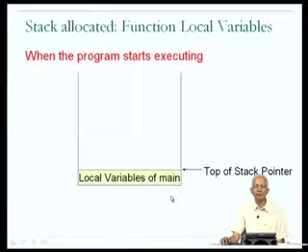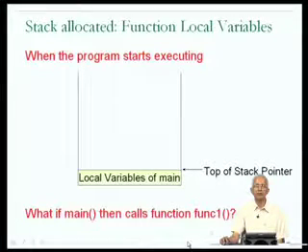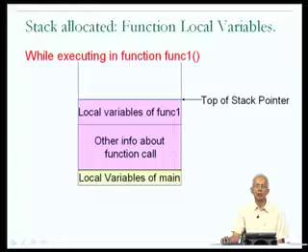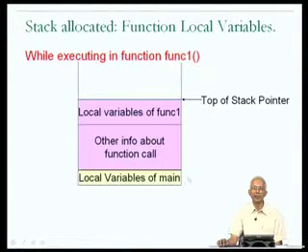Let's suppose that the main function calls a function called func1. So when func1 is called, space will be allocated on the stack for the local variables and parameters of func1. I showed those in pink. So if I looked at the stack during the execution of func1, there would be local variables of func1 as well as local variables of main, all available on the stack.